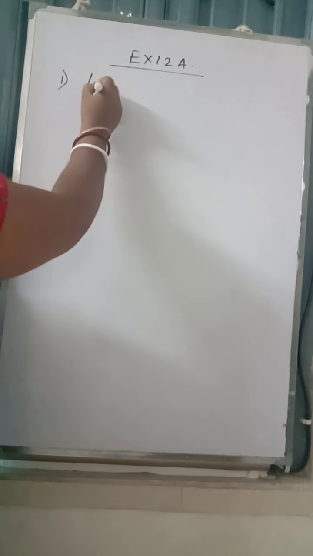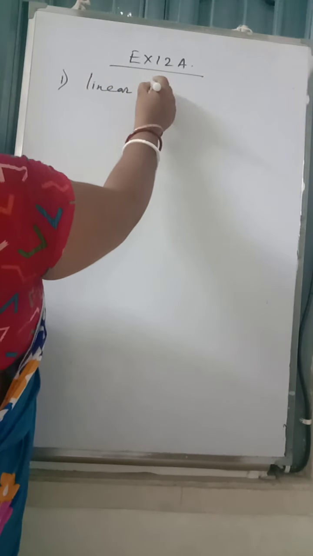Exercise 12A. The first question says, the exterior angle of a triangle and its adjacent interior angle form a linear pair because the sum is 180 degree.